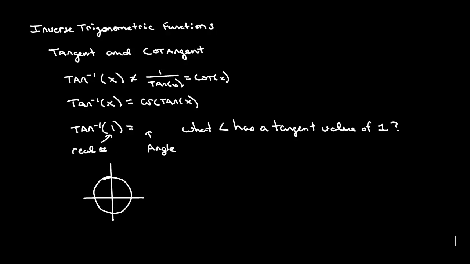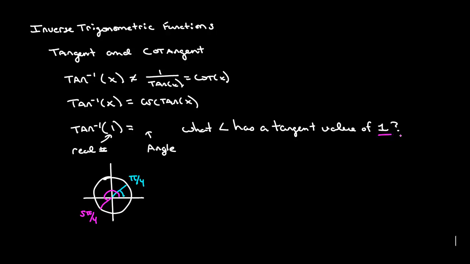we have a situation where both here and here for our two angles, this is just between 0 and 360 degrees. We've already got two outputs, pi over 4 and 5 pi over 4. Both of these angles have a tangent value of 1.